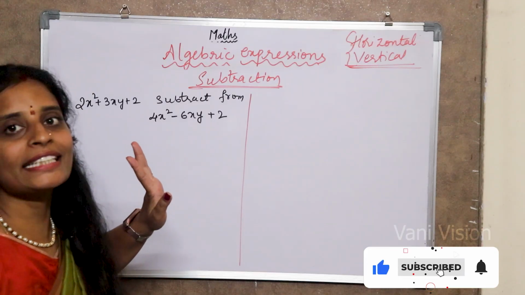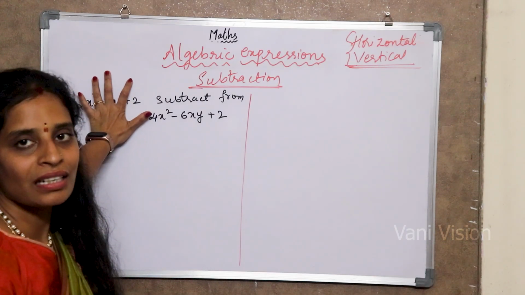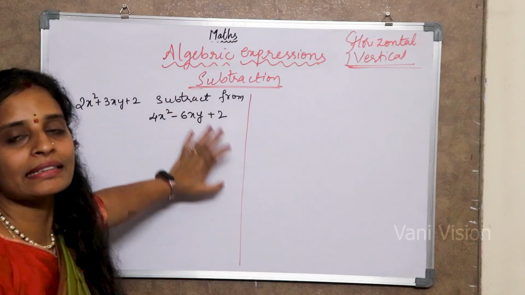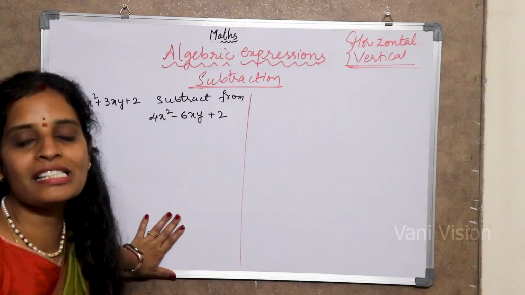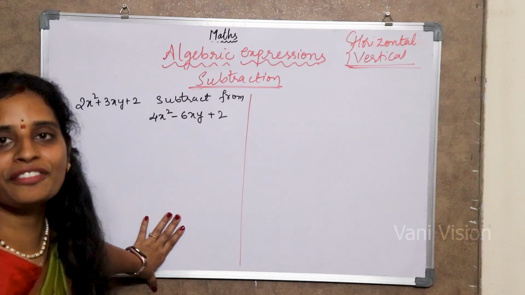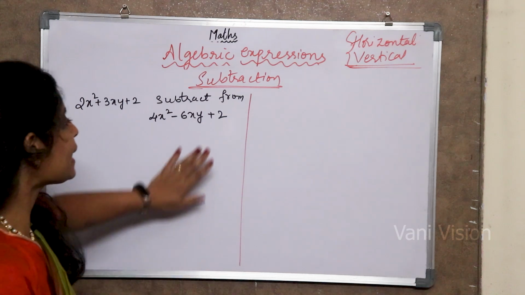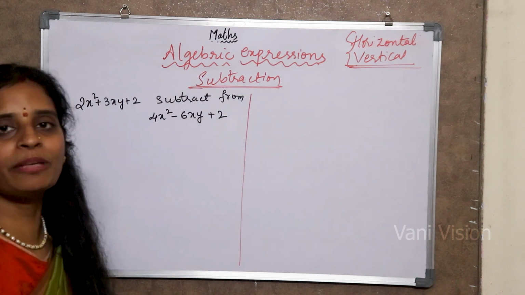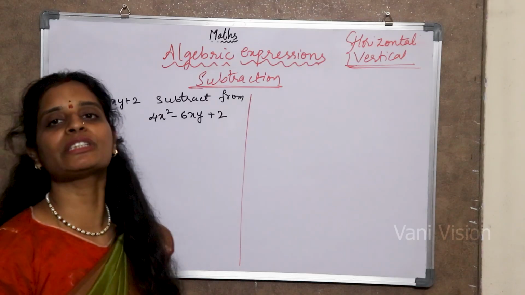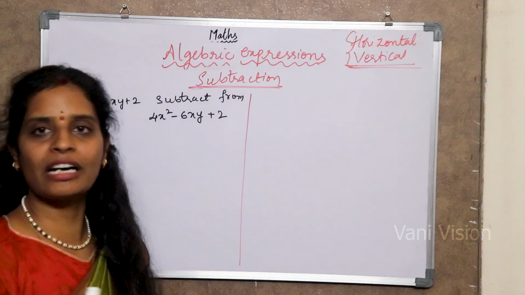Clear? What did they say? Expression 1 should be subtracted from expression 2. So which expression are we supposed to write first? The first expression or the second expression? We are supposed to write the second expression first. Listen to the question properly, read it properly before we solve it. Clear?